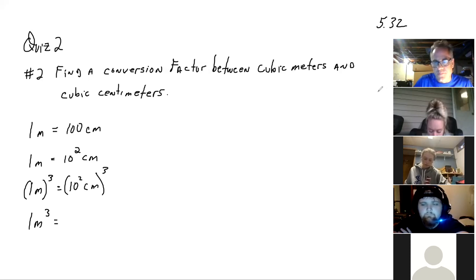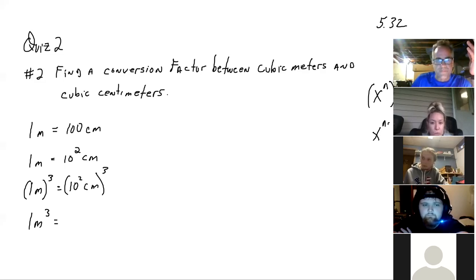Now, exponent rule. Let's jump over here. If I have x to the power of n raised to the m power, this is referred to as a power rule. And I don't know why I wrote a 3 there. n times m, you multiply these two.